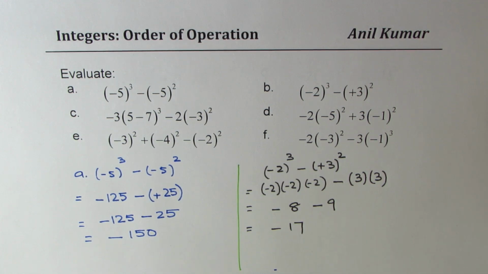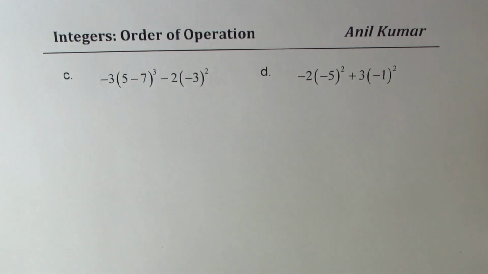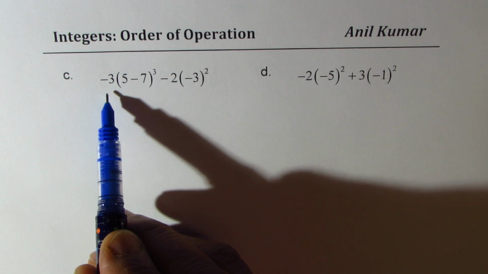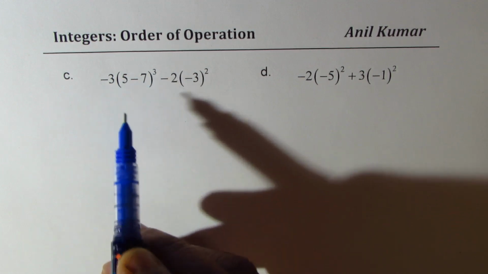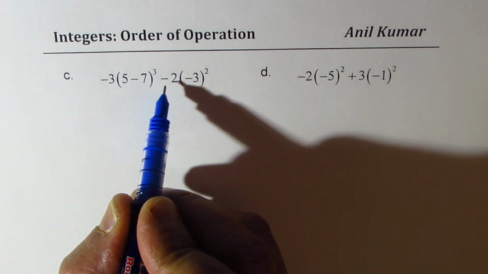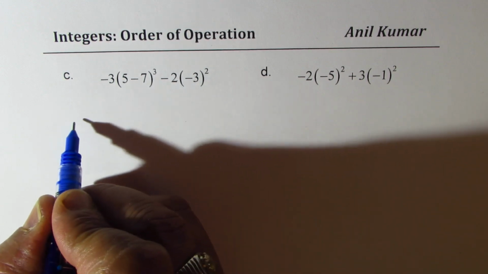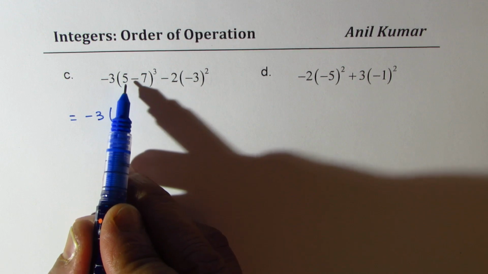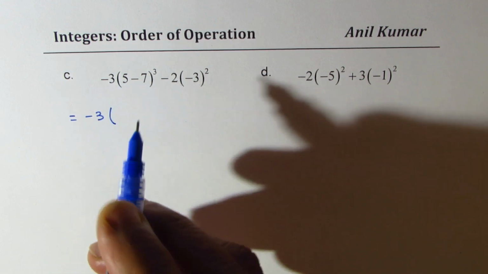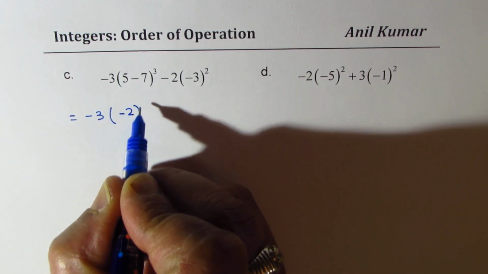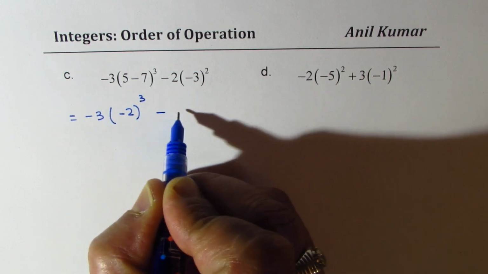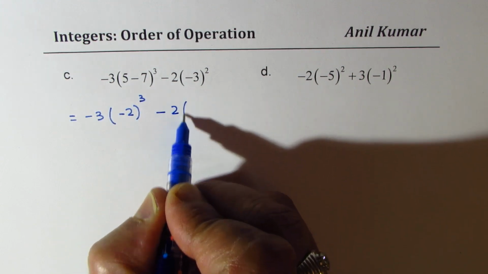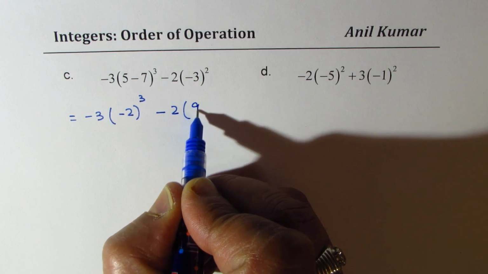Let's take up more examples now. Let's see how to solve C, which is -3 times (5 - 7)^3 - 2 times (-3)^2. So we could write this as minus 3 times. First simplify the bracket. 5 minus 7 is minus 2 whole cube, minus 2 times the square of minus 3, which is 9.